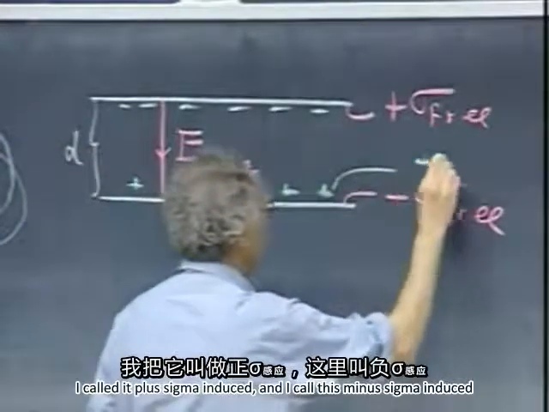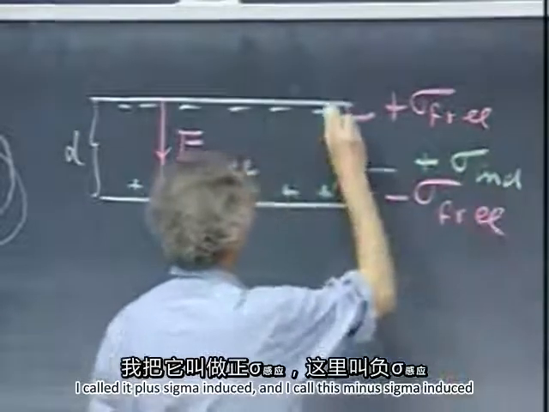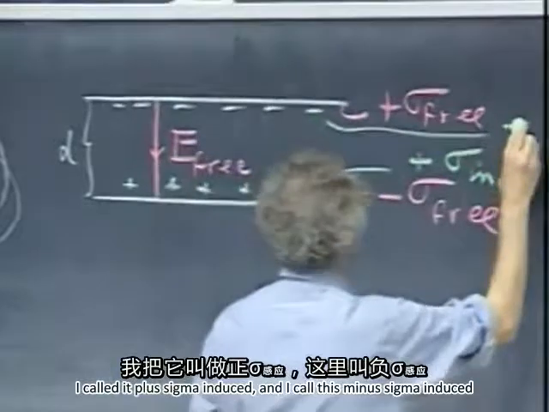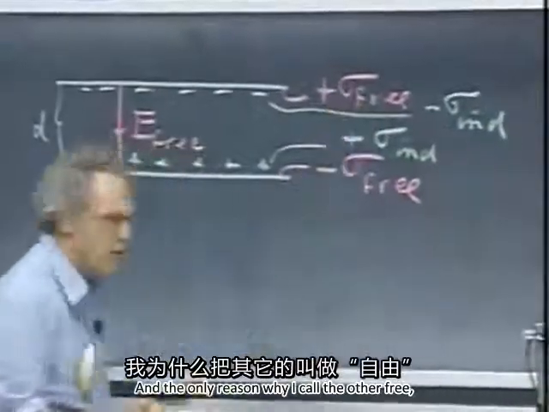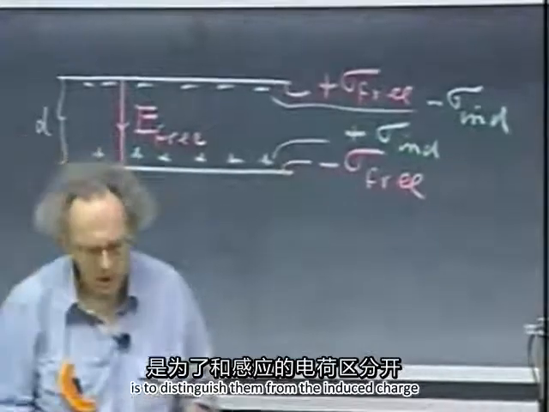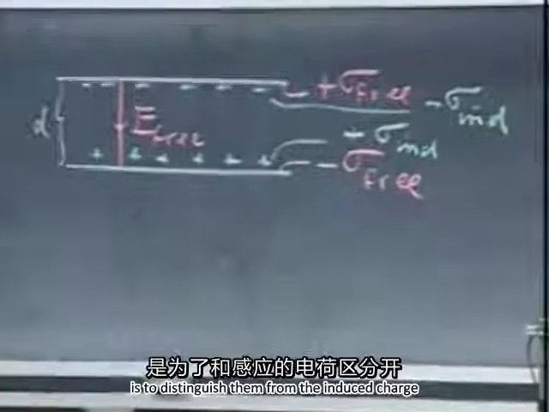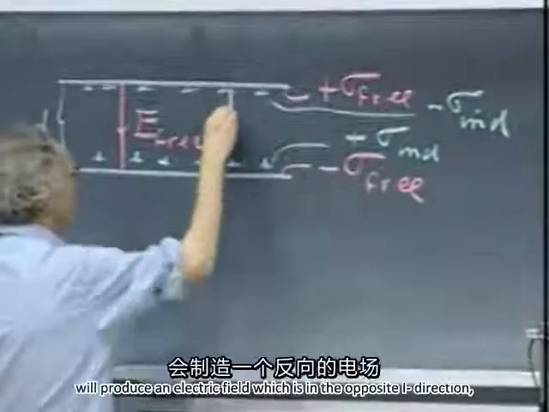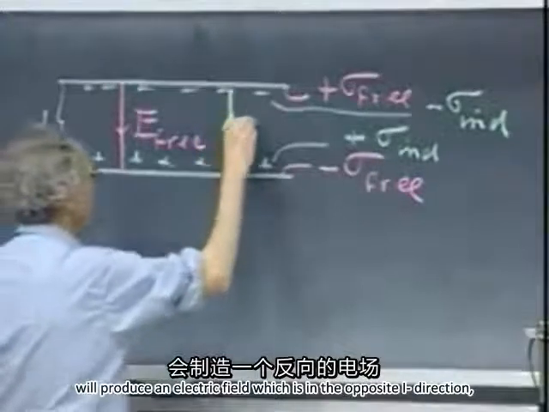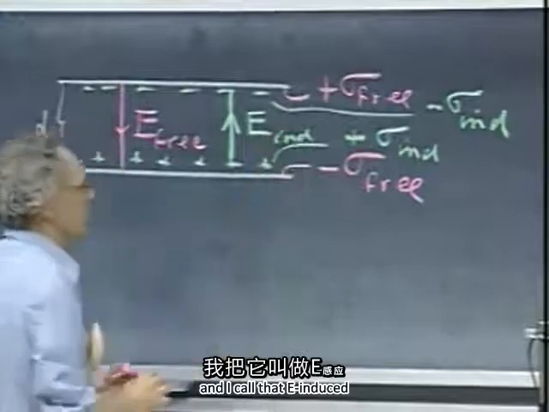I call it plus sigma induced, and I call this minus sigma induced. The only reason why I call the other free is to distinguish them from the induced charge. This induced charge, which I have in green, will produce an electric field which is in the opposite direction, and I call that E induced.